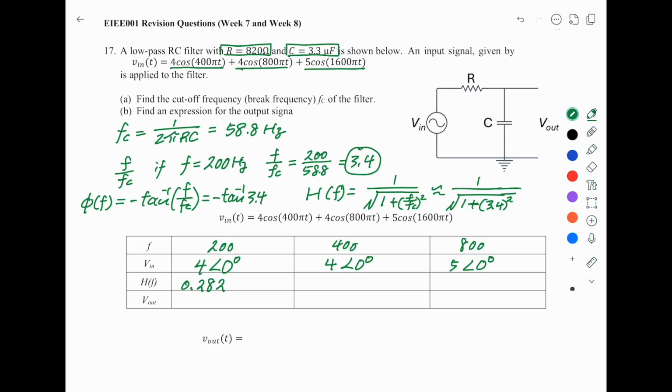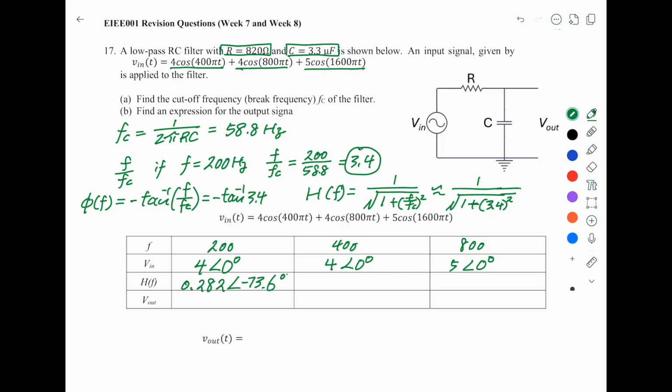If you plug this into a calculator, you will find the angle is equal to minus 73.6 degree. So you repeat the procedure for 400 Hertz and 800 Hertz.